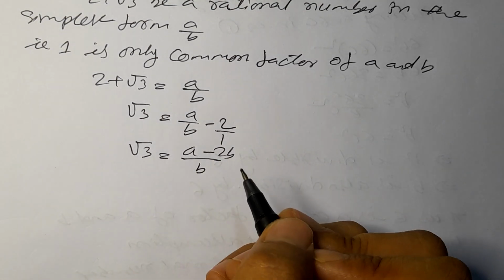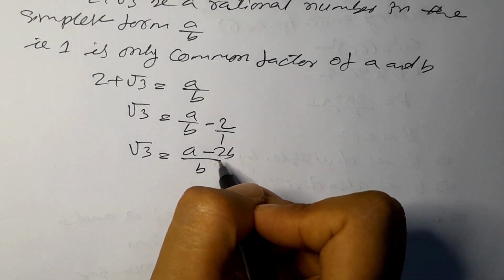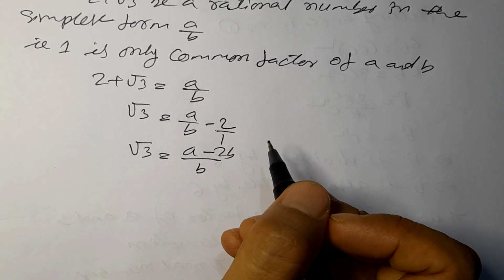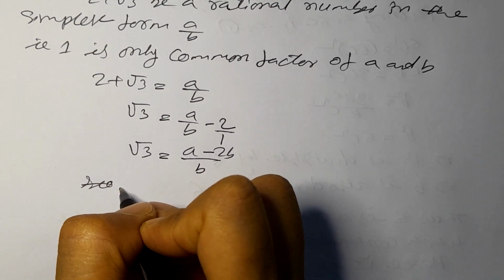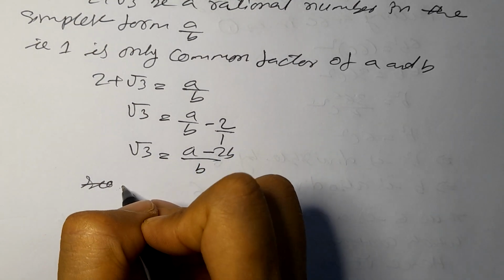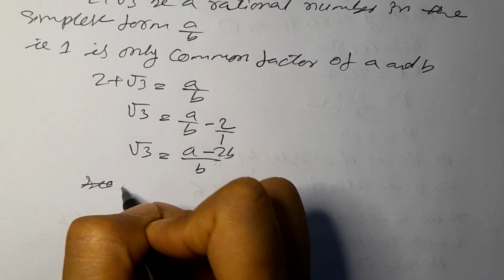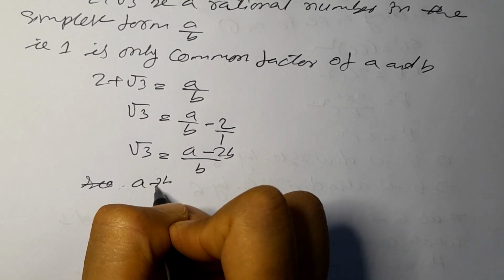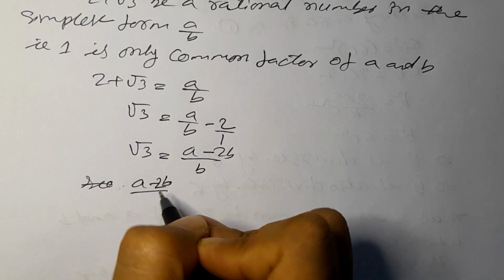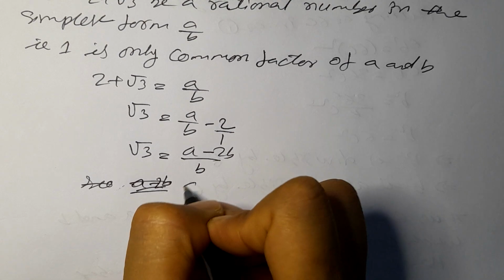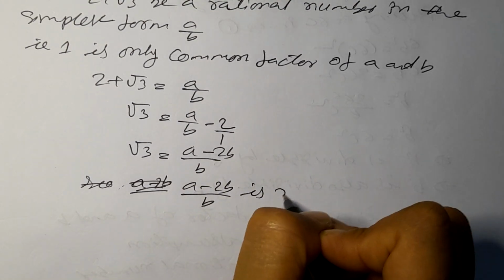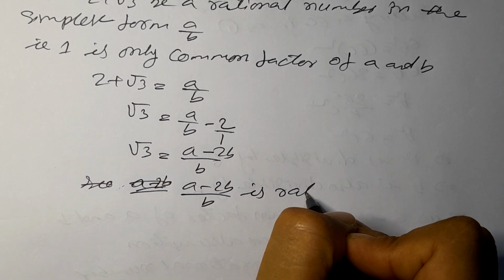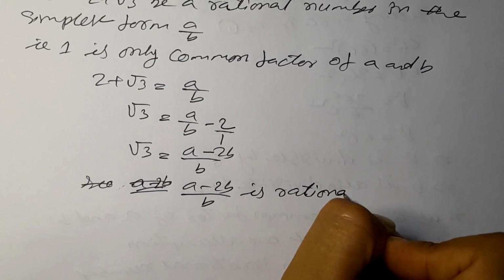So a minus 2b divided by b is a rational number, because it is in the form of a fraction.